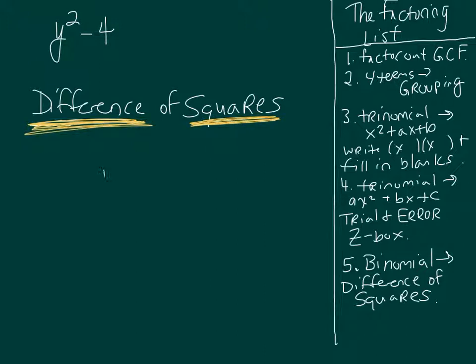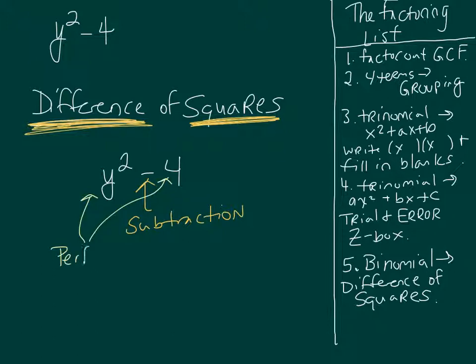So if I'm looking at something like y squared minus 4, the first thing you're going to look for is, do I have a difference? Do I have a subtraction? The next thing you're going to look for is, do I have 2 perfect squares? Are 4 and y squared perfect squares?